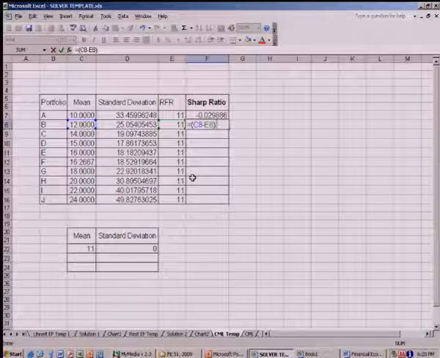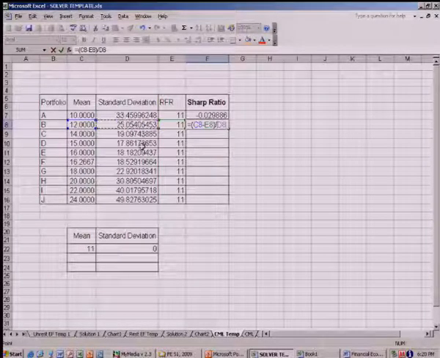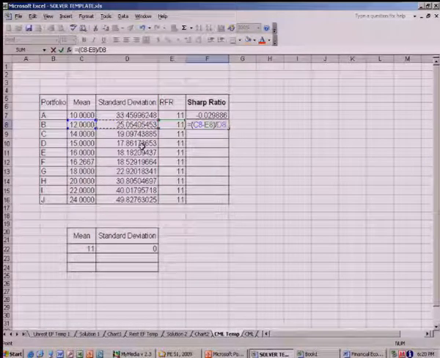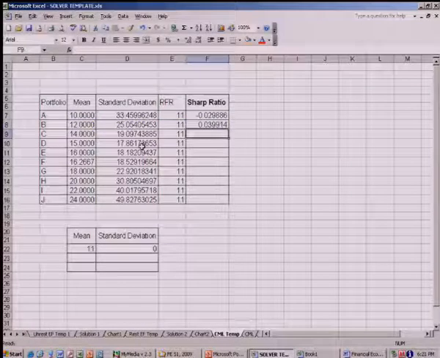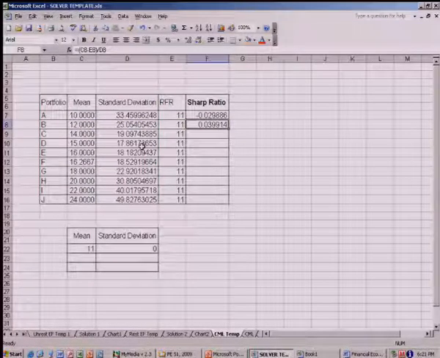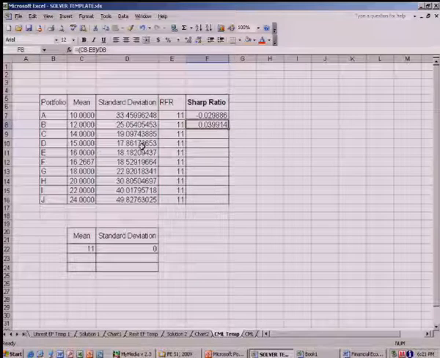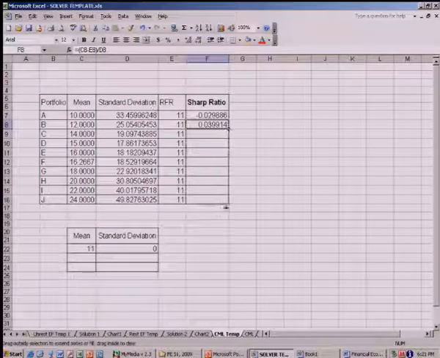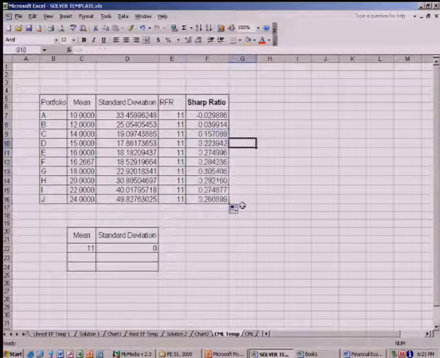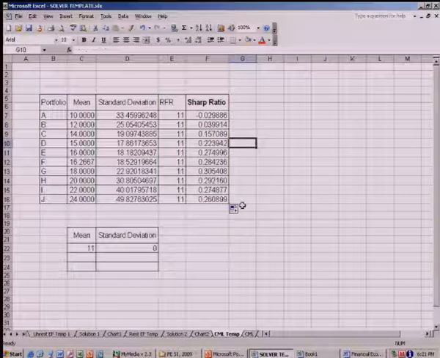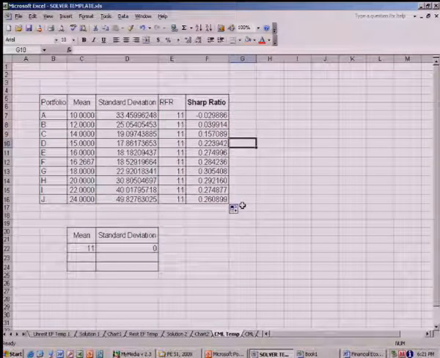Close the brackets, divide that by the standard deviation on this optimized portfolio, and then enter. To make it easier for yourself, once you calculate the first Sharpe ratio, all you can do is drag the formula all the way down, and it does it for you. That's the subsequent calculation, so you don't have to do it individually.